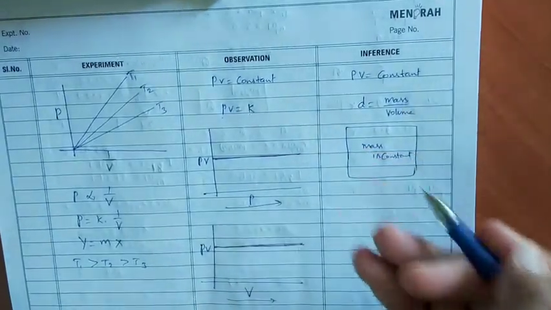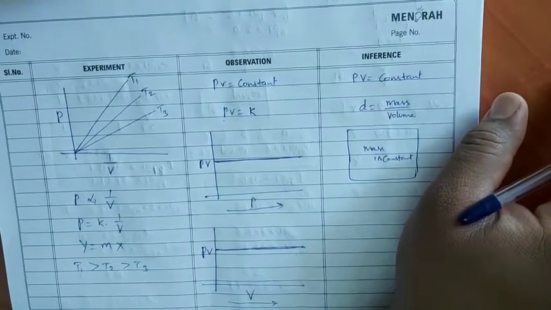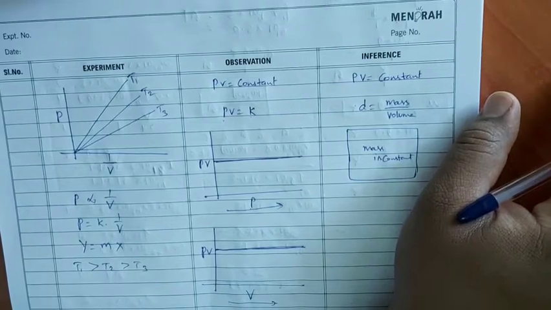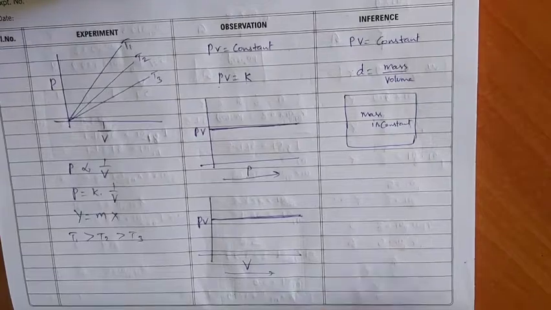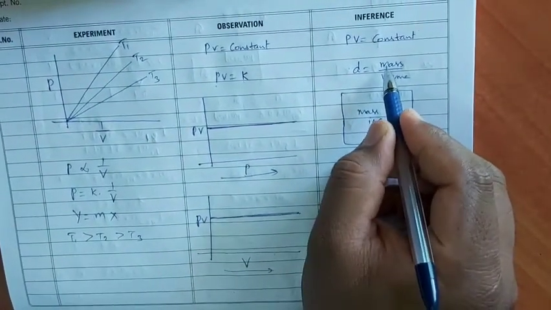Not only that one, as Boyle's law is under investigation, we said that temperature and amount of gas both are constant. That means mass is constant. Density is equal to mass by volume. Mass is constant.